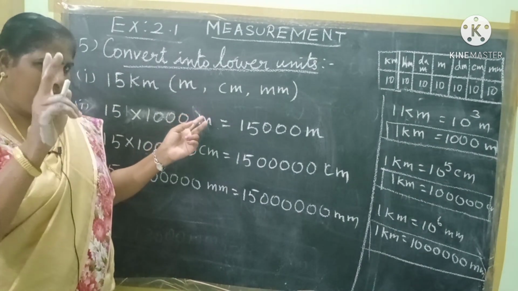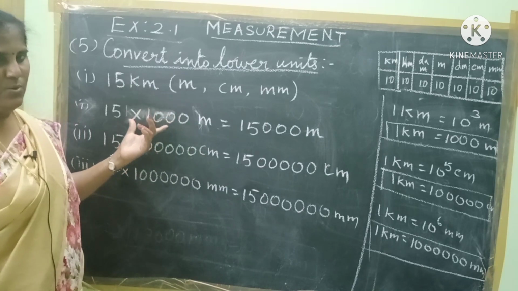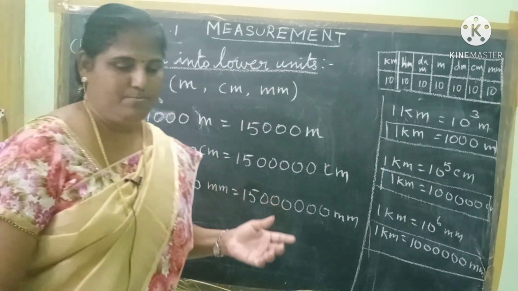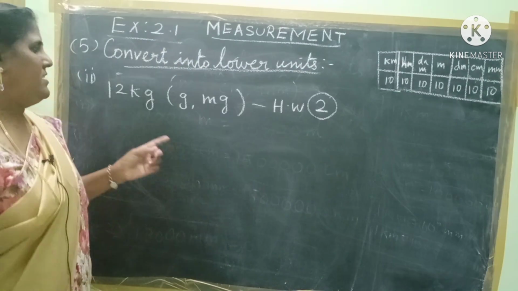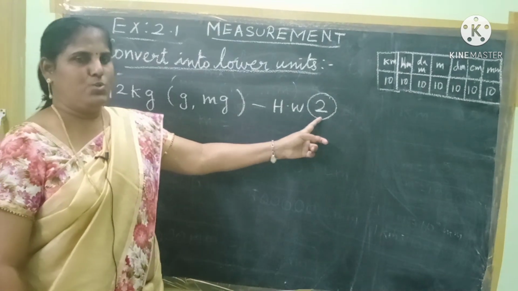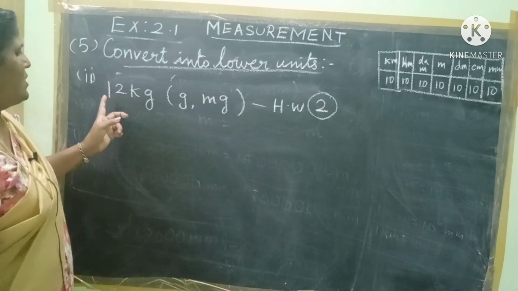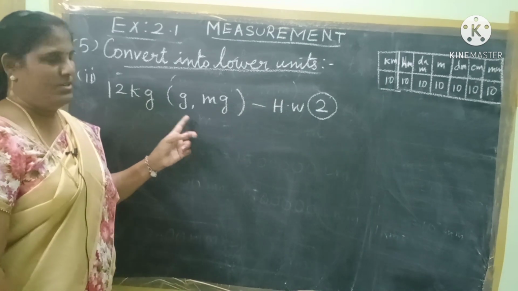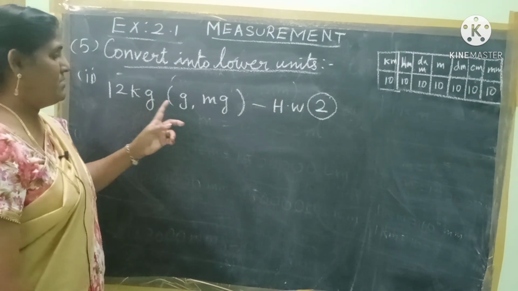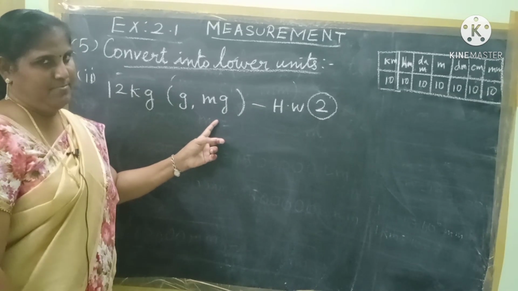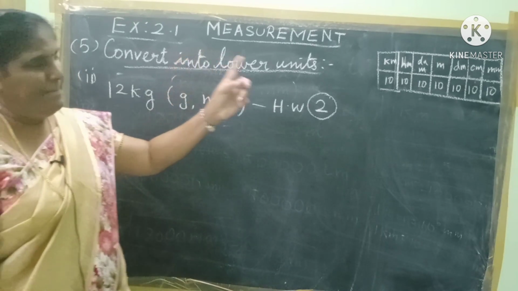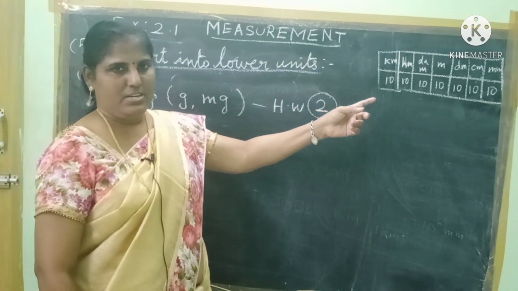The second sum is a homework. Now I am going to write the homework and I will explain how to do the sum. Question number 2 as a homework. 12 kilogram equals, we need to convert 12 kilogram into gram and milligram. Instead of m, you should put a g for that.